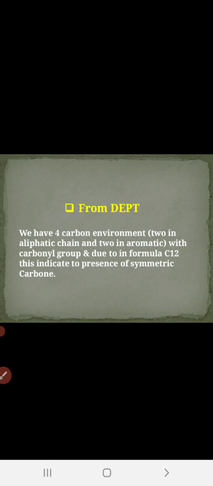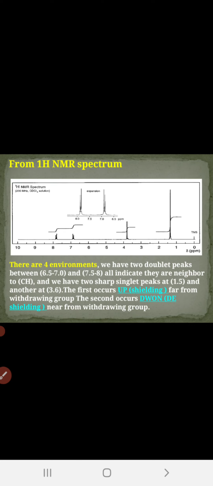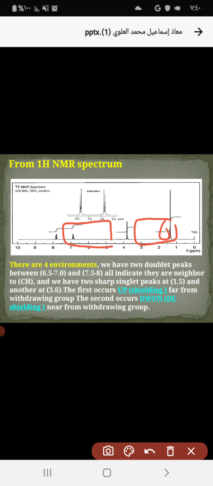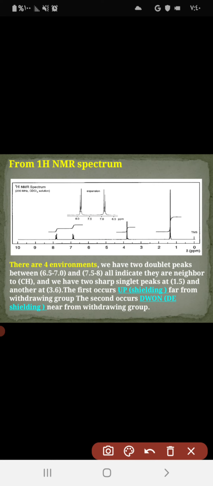We have 4 carbon environments, 2 in the aliphatic chains as we said, and 2 in the aromatic, with the carbonyl group and the 2 due to the formula of C12. This indicates the presence of symmetric carbon.